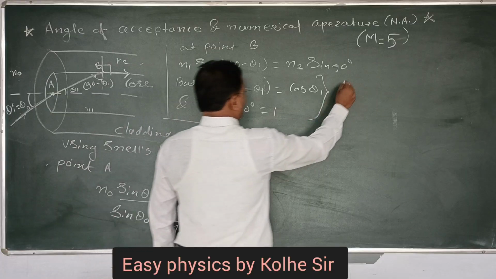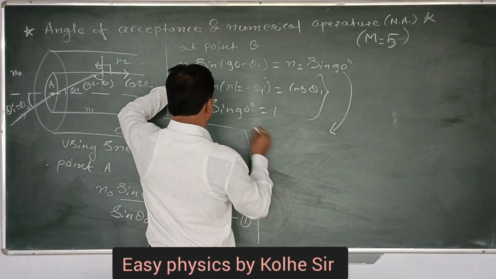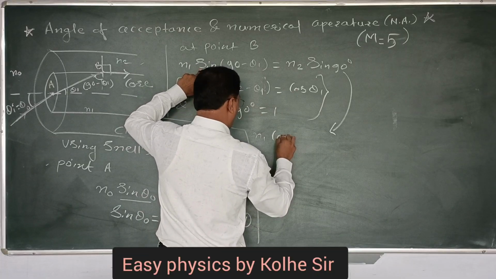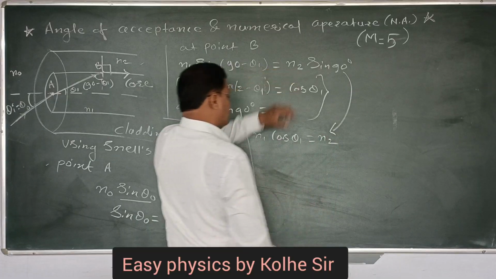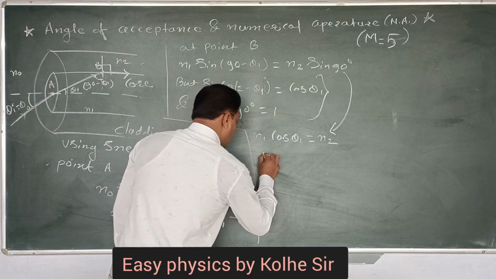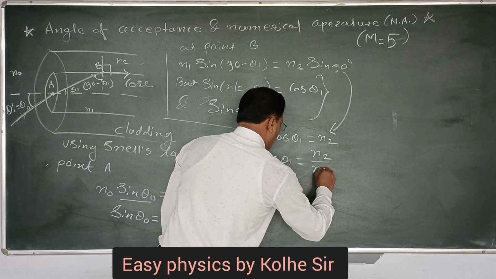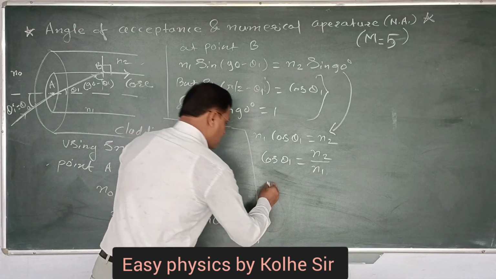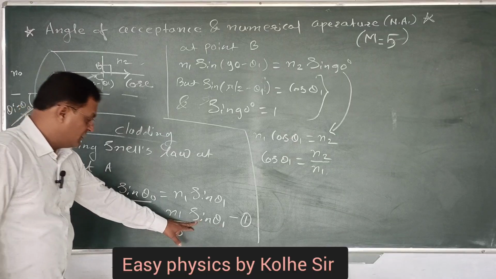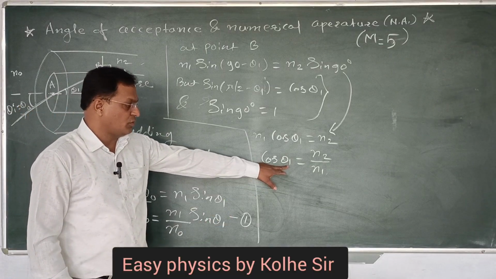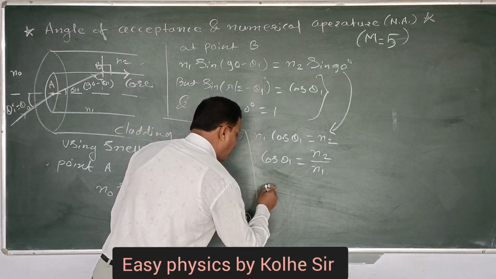So above equation become n1 cos of theta 1 is equal to n2. Now, so cos of theta 1 is equal to n2 upon n1. From the equation number 1, here the sine of theta 1, but here the cos of theta 1. That's why this last equation we will convert in the form of sine.